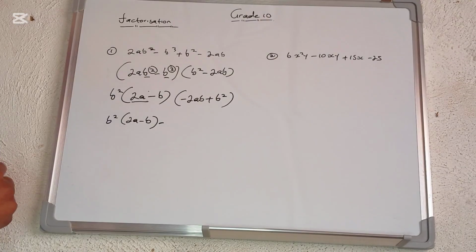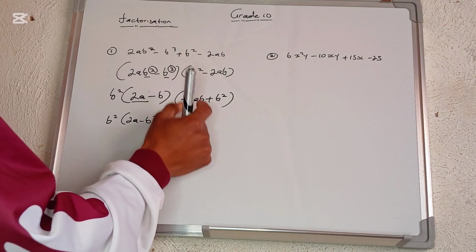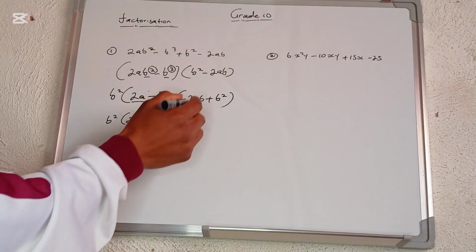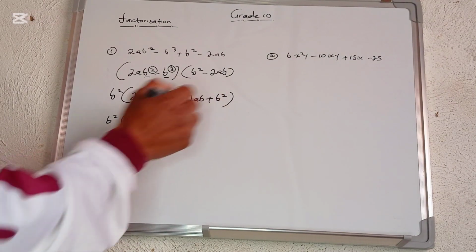We are going to check which term is common in this expression. We have the variable b, which is common, but it's not b squared, it's b. The reason being, we can subtract b in here and we can subtract b in here.